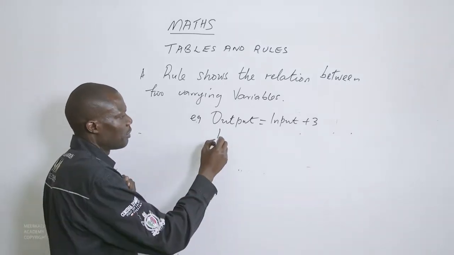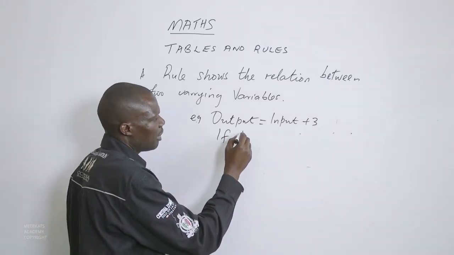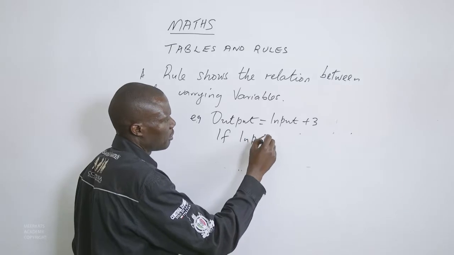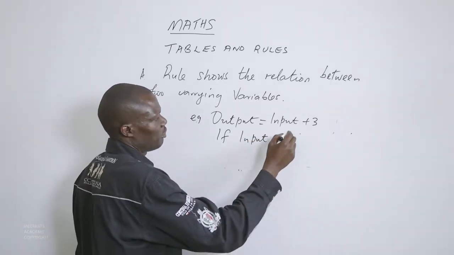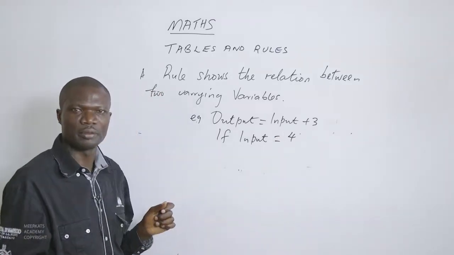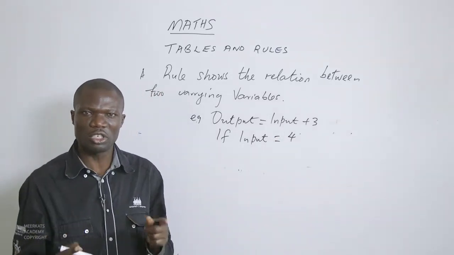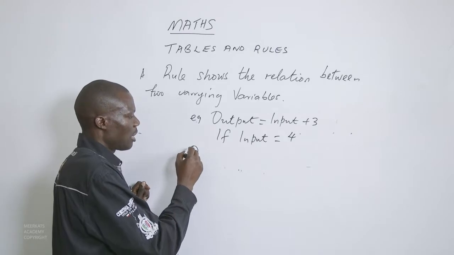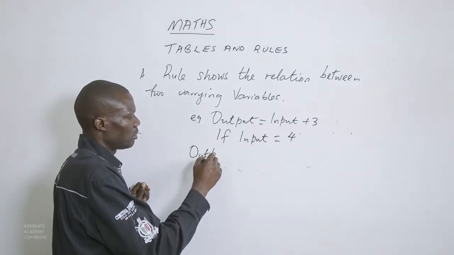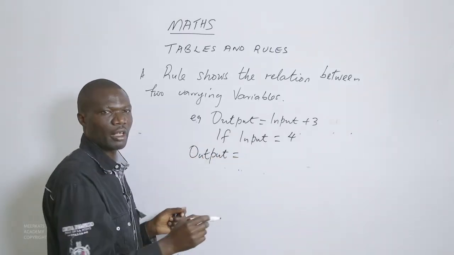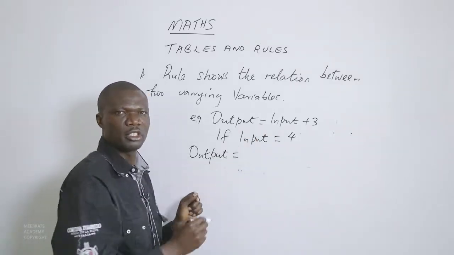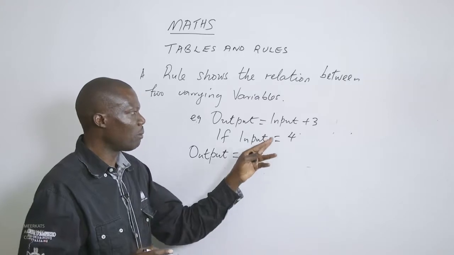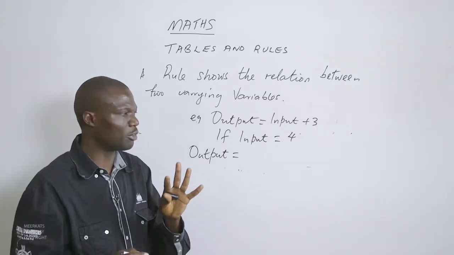If we take input in this case to be 4, then by substitution it will mean output is equals to input plus 3, but input is 4.